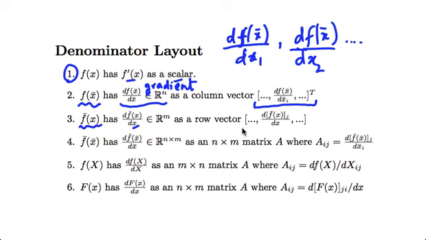So that's what's written over here. The jth element of the vector is how much does f bar's jth element change when I change x. Now this is written as a row vector. F of x bar's gradient is a column vector, and f bar of x has a gradient which is a row vector. This is again just to standardize the notation. There's no reason it has to be like this. You can switch it as long as you switch them all consistently. But this is what's used in machine learning.